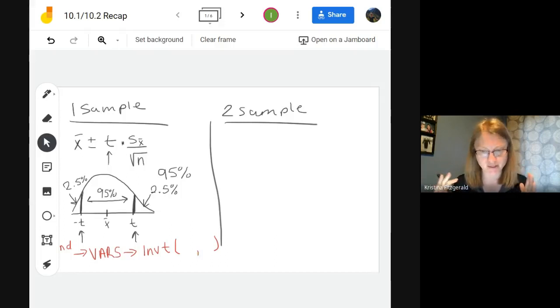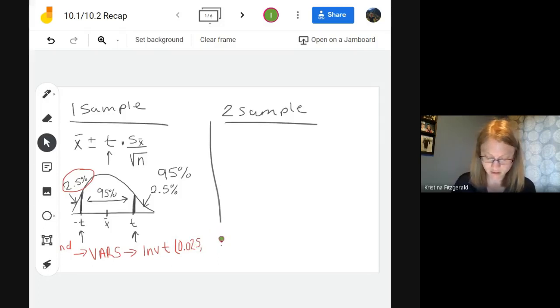Depending on how upgraded your calculator is, you might have to separate the two things by a comma, or it'll say area and then DF for degrees of freedom. For the area, you're plugging in the 2.5% as the decimal, so 0.025.